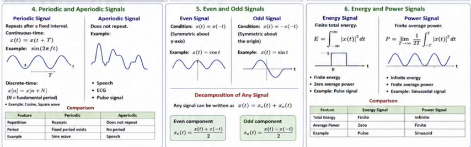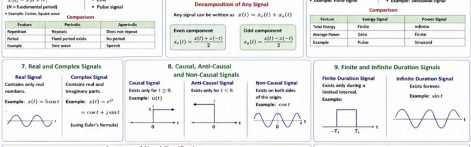Okay. So, total energy in case of the energy signal will be finite, and in case of the power signal, it will be infinite. And the average power for the energy signal will be 0, and the average power for a power signal will be finite. So an example for an energy signal is the pulse signal, and for the power signal, the sinusoidal signal.